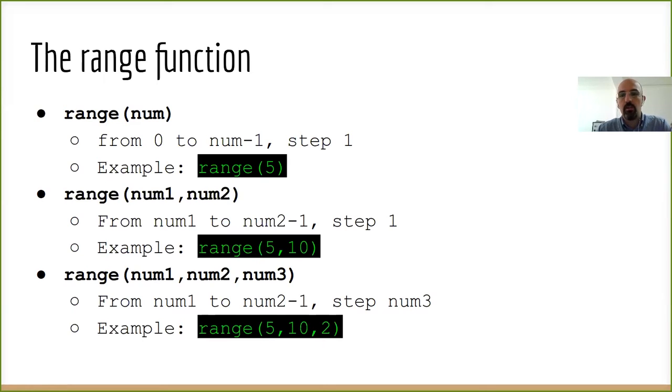Why from 0? Why not from 1 to 5? Basically, this comes as an approach that has been used in many other programming languages, where for arrays or for sets, the first element is to be considered the element 0.